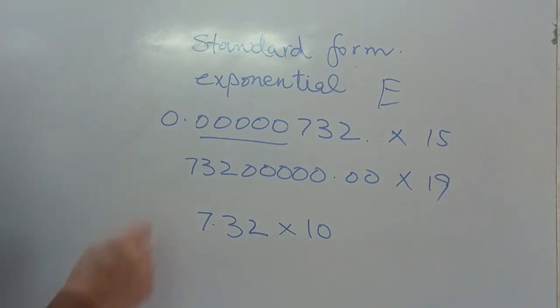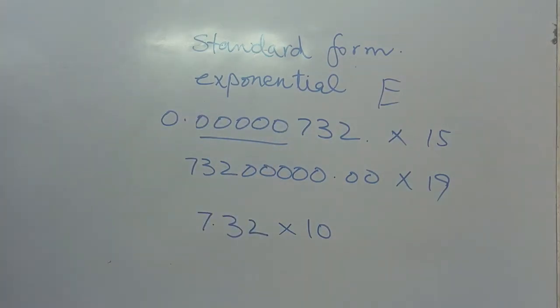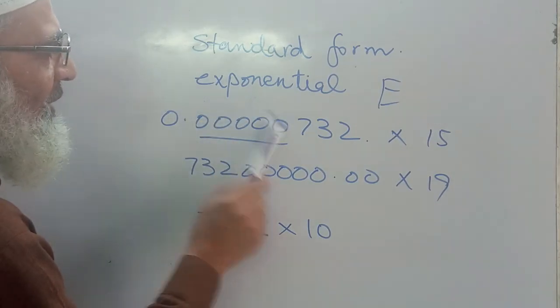So what I have to do is count the zeros, as many zeros as I have written: 1 2 3 4 5, and the digits before the point. There is only one digit before the point, which is 7. So counting it also, 1 2 3 4 5 6.